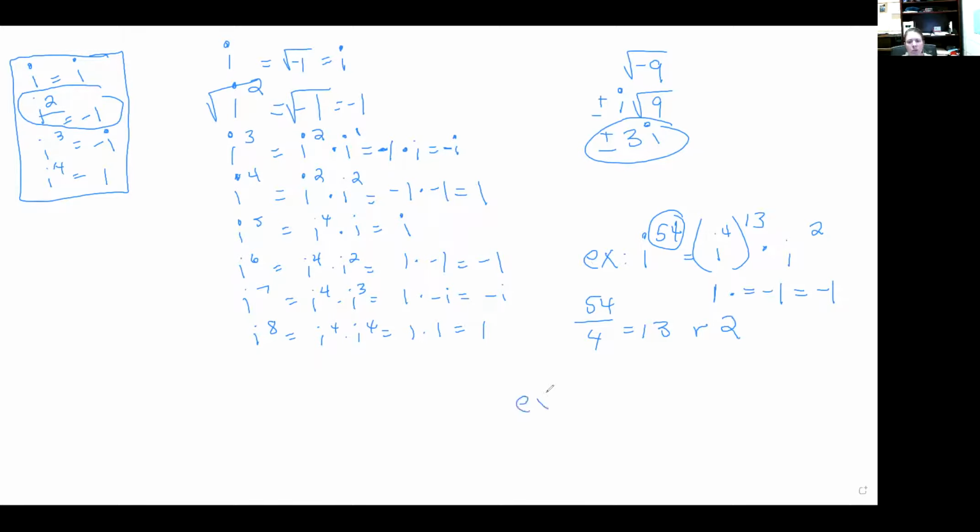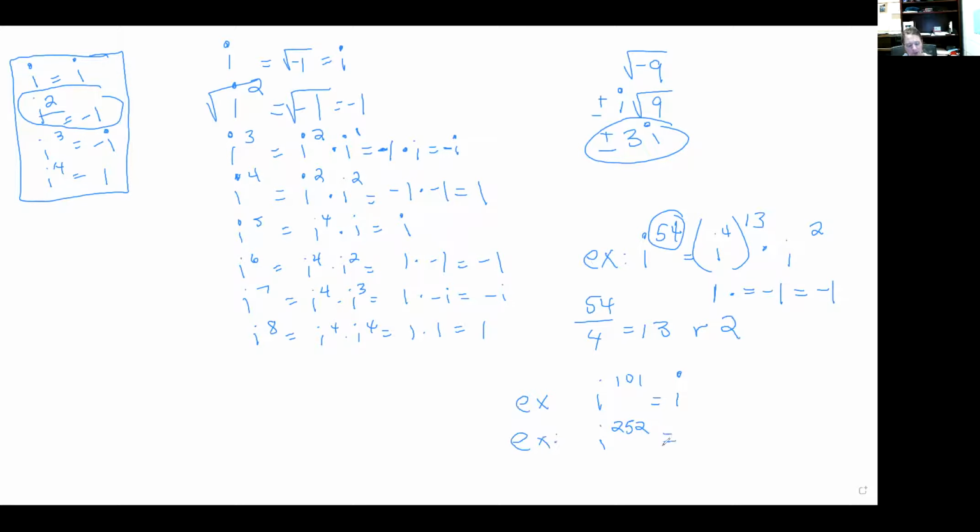So let's do another one. Let's do i to the 101. All right, how many times can 4 go into 101? 101 divided by 4 is 25. So it'll go in 25 times. So how many do you have left over? Well, 25 times 4 is 100, so you have 1 left over. So it ends up on i. Okay. i to the 252.